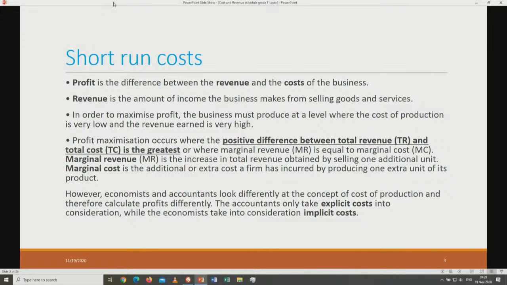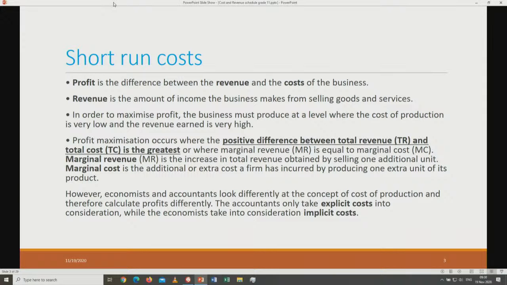Very, very important. Why are we looking at the short run and long run costs today? Because we also want to educate those who intend to go into business that the cost of a business must be reduced in order for the revenue of the business to be increased, so that your profit would be much higher.